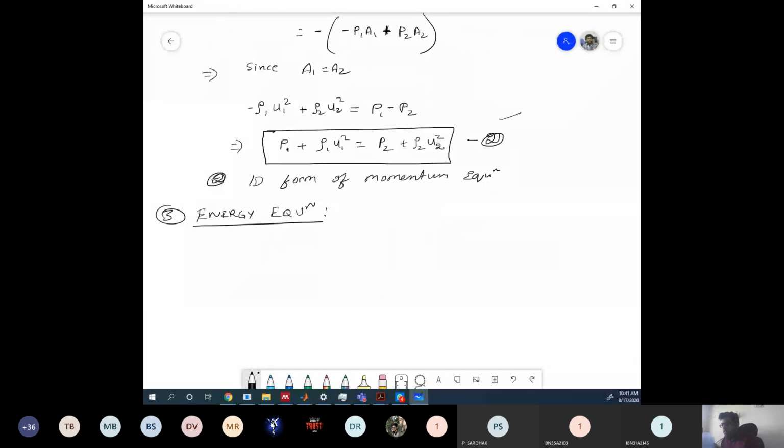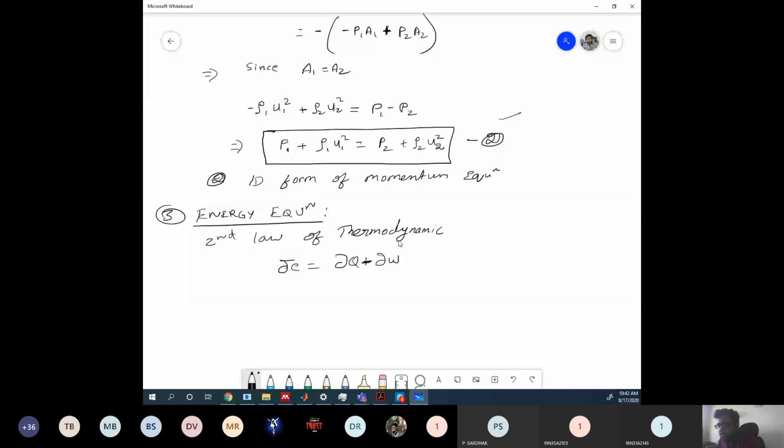Now we'll go to the energy equation. Energy equation, as we know, from where we got it: it was derived using the second law of thermodynamics, right? From the second law of thermodynamics, where change in internal energy is equal to the amount of heat added or removed plus work done upon the system.